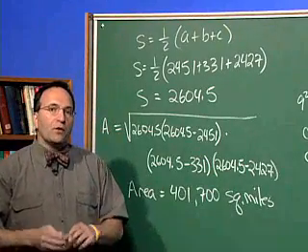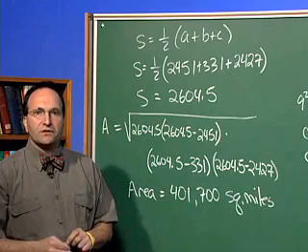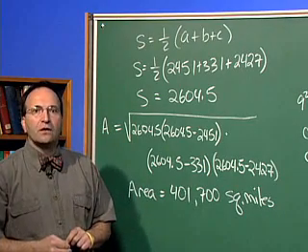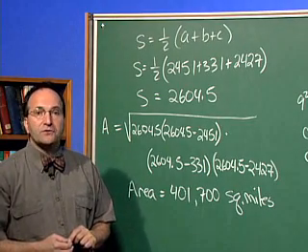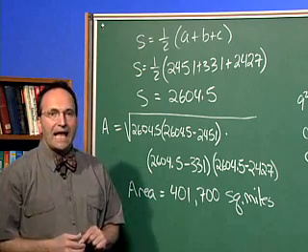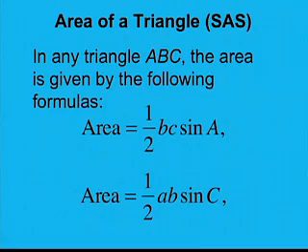All right. Well, there's another formula that we can use to find the area of a triangle when we are given the length of two sides and the angle between them. So that's side angle side. In any triangle ABC, the area is given by the following formulas.